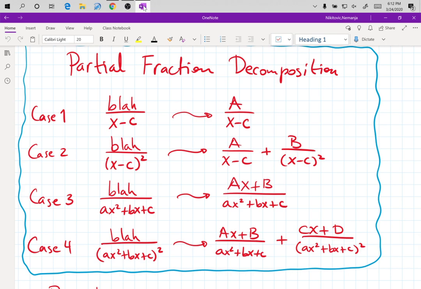I'm going to work out a couple of exercises regarding partial fraction decomposition, and then we do have the rest of the chapter. So we'll go section by section. Tonight we are just testing this out.